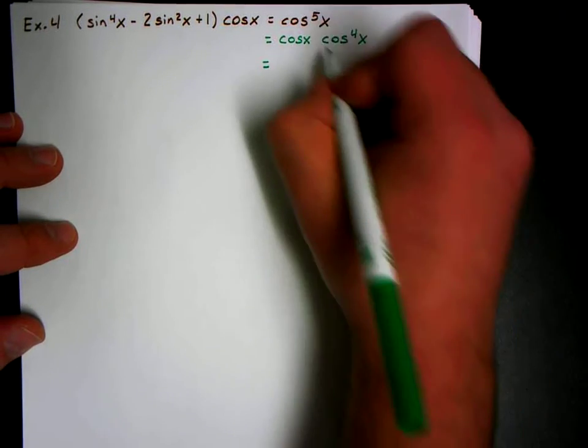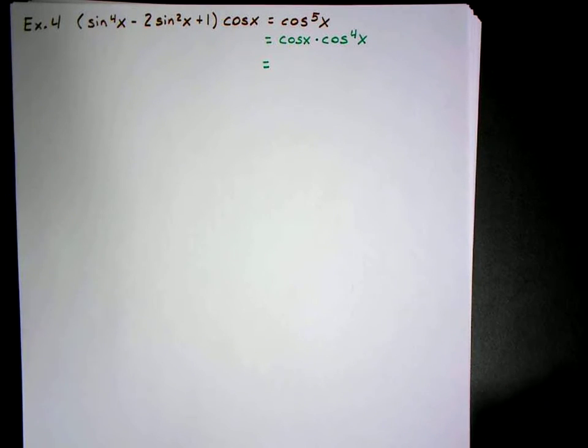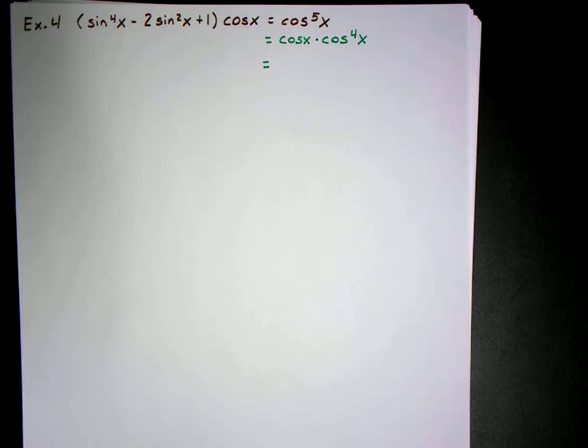There, I'll put a dot for you. Means multiplication. Okay, so how can I change cosine into sine? First, put cosine to the fourth into cosine squared times cosine squared. Okay.